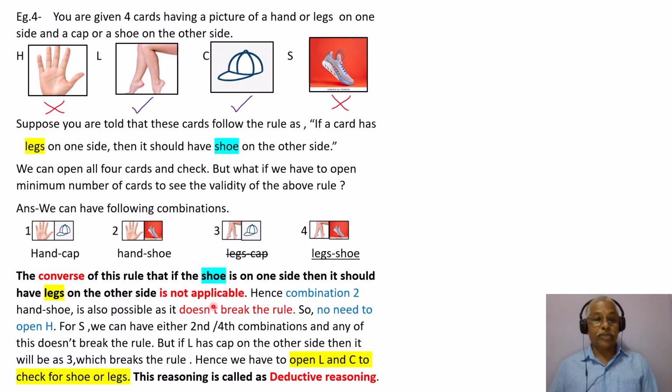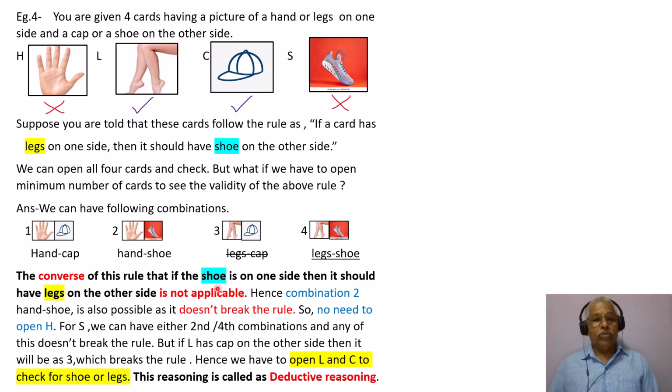But the converse, that if shoe is on one side, then it should have legs on the other side, is not applicable, or that is not compulsory. So if there is shoe, then the other side may have legs or may have hand, because that is not compulsory.